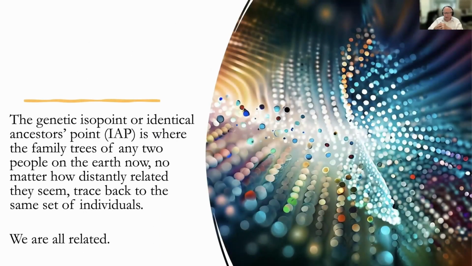And this takes it back to a scientific standpoint, what's called the genetic isopoint, also called the identical ancestors point, or the IAP. That's where the family trees of any two people on the face of the earth, no matter how distantly related they are, can be traced back to the same set of individuals.